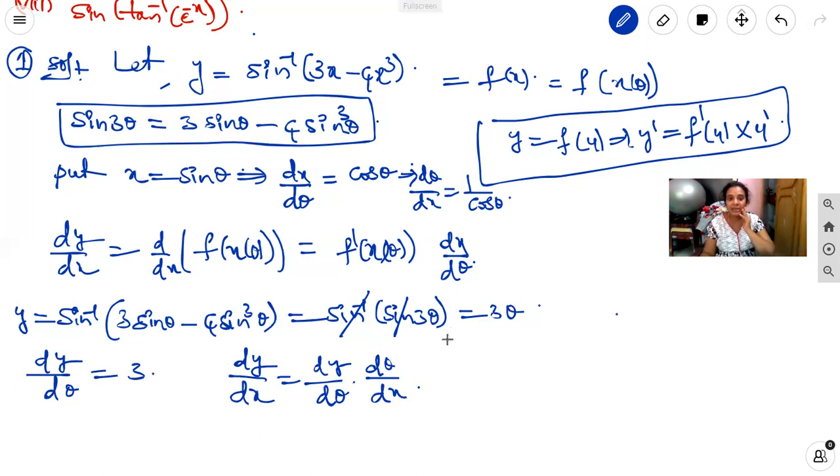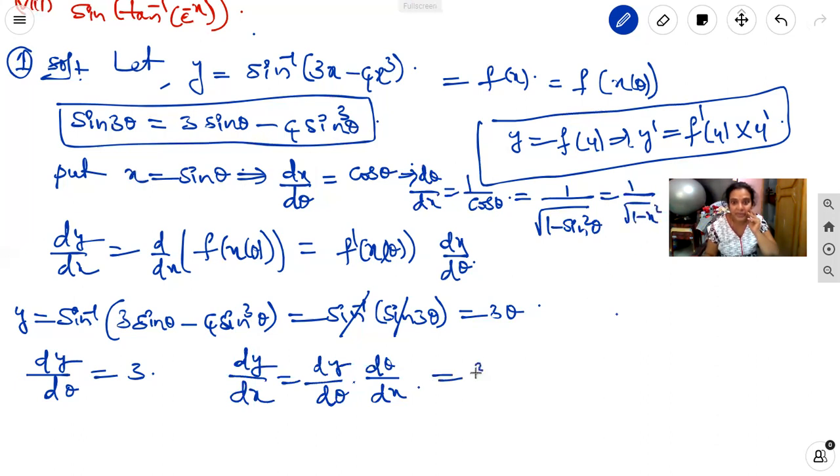Here dy by d theta is 3 and d theta by dx equal to 1 by cos theta, but cos theta equal to 1 by under root of 1 minus sine square theta, that is equal to 1 by under root of 1 minus x square.